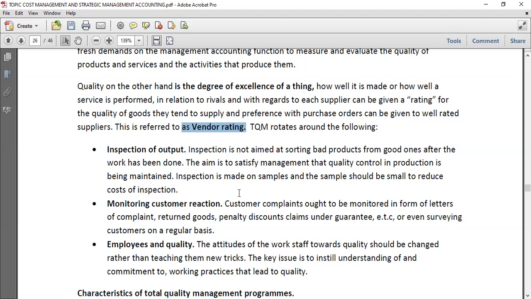Then we should also monitor the customer reaction, where we're able to get feedback from our customers, okay? And also look at the complaints that are coming in from our customers. And then the other one is also to look at our employees, okay? Basically the attitude of employees towards work, okay? And also knowing the kind of employees that we are bringing in, okay, as well. Because you know, if you bring in an experienced employee, it will increase your level of quality, okay?